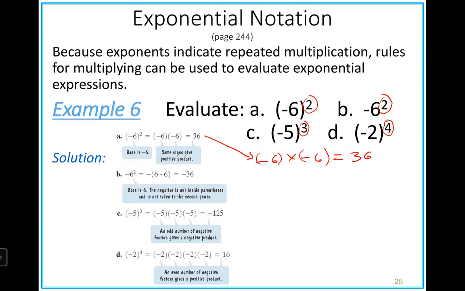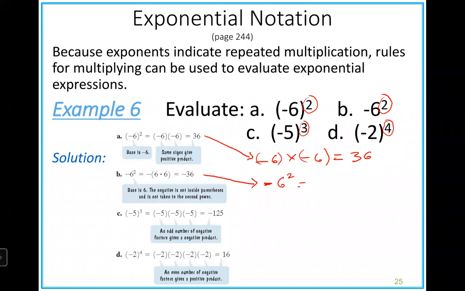Now in the second one, it looked similar, but there's a difference. In this first one, the -6 is in brackets. Okay? In the second one, the 6 is not in brackets. It's negative of 6 squared. So it's the 6 that you're going to square, and you're going to find the negative of it.